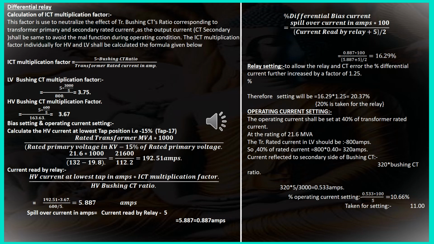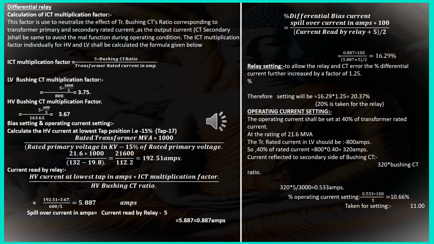Bias setting and operating current setting. We are doing these two things, bias setting and operating current setting. How have they found it? Rated transformer MVA into 1000, that means they have converted it into kVA, divided by rated primary voltage in kV minus 15% of rated primary voltage. In the lowest step they have found it out.